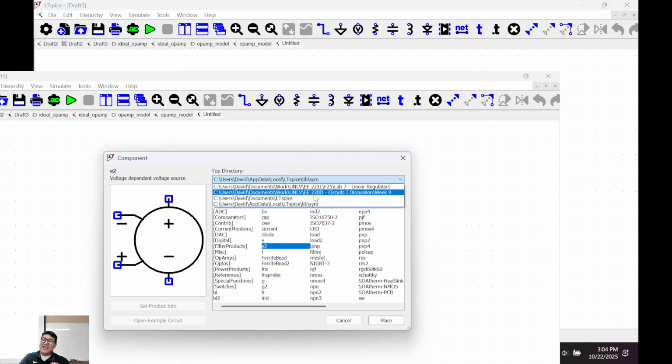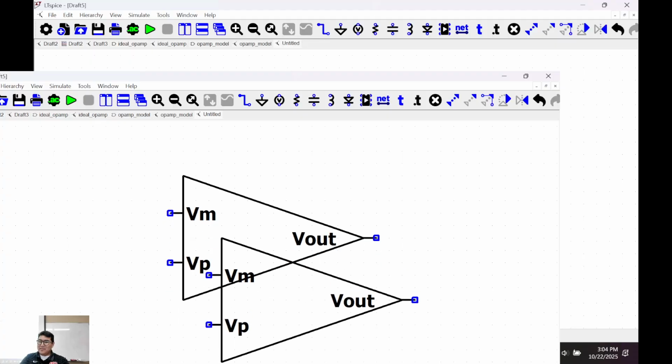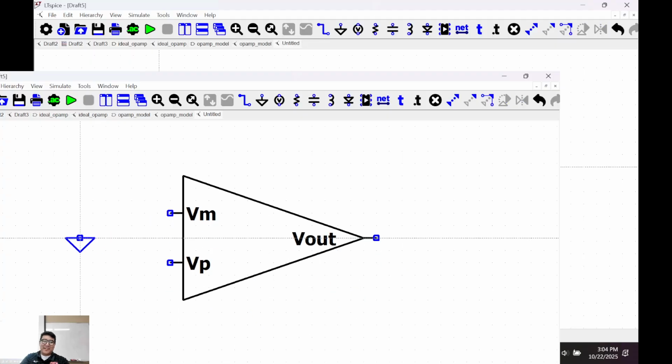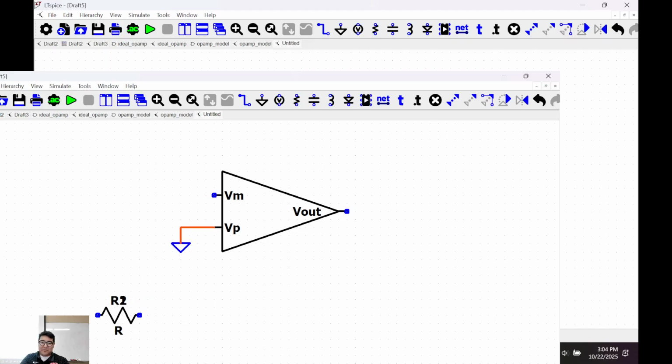I'm going to instantiate that thing we just created. Here's our model, remember? I'm going to put a ground right here. Put this right there. I put the resistor right here, another resistor right here. Here's my voltage, correct?